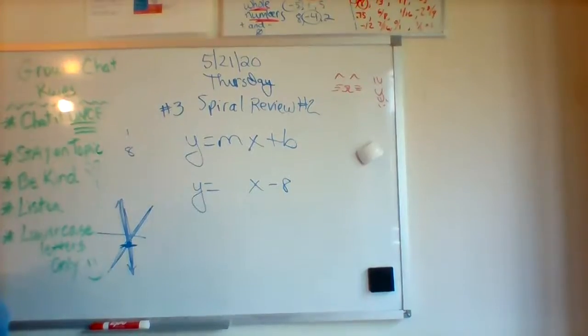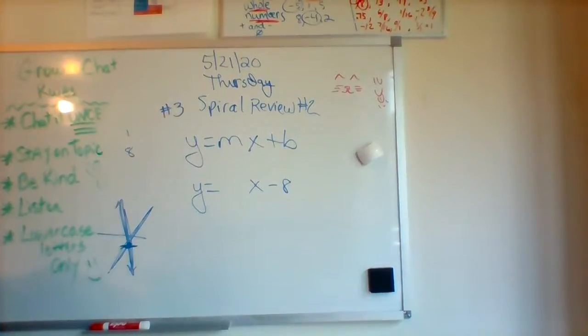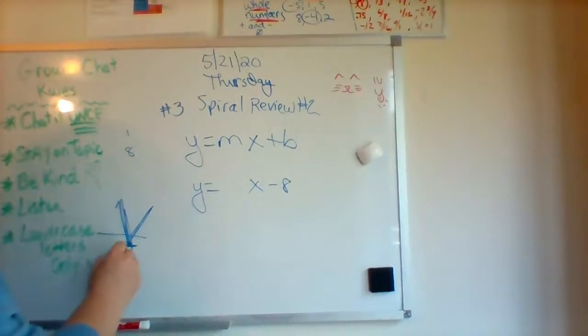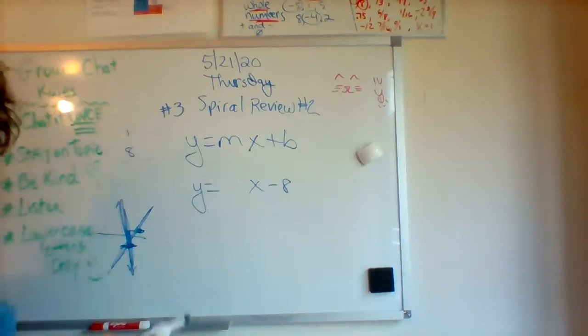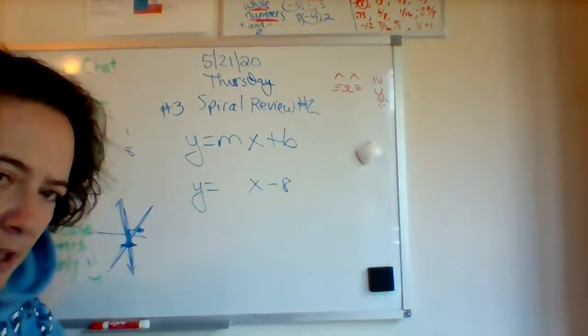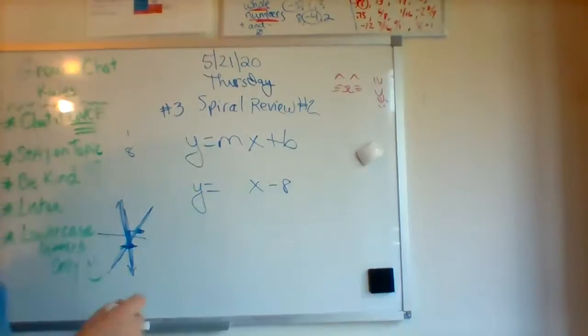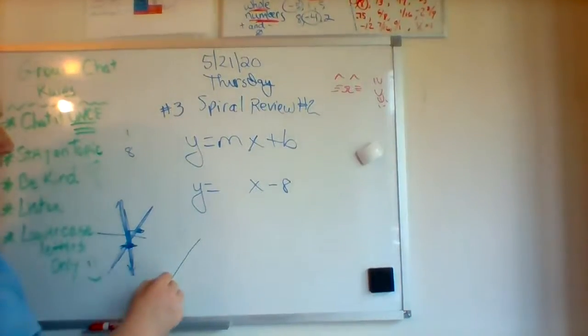Now, the way you're going to decide what your slope is, from this point, I need you to count how many up and over until you hit the next point. So for example, do you see how the line is hitting right there in the corners of the boxes, corner to corner?